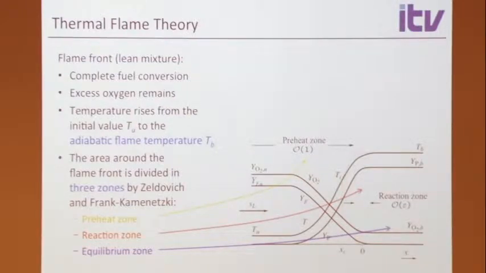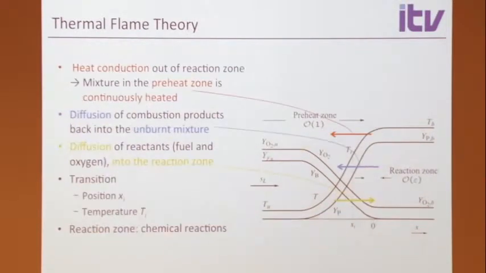And then you have the reaction zone, which is the region between the ignition temperature and equilibrium, where all the chemistry takes place. And then behind the flame, there's an equilibrium region where nothing happens anymore. Okay, so that's the idea.